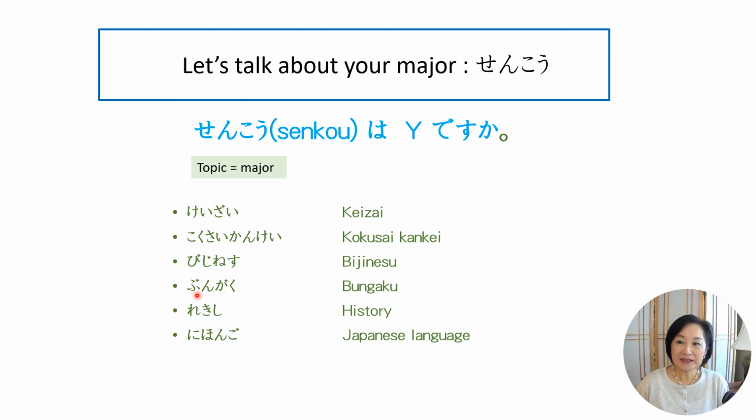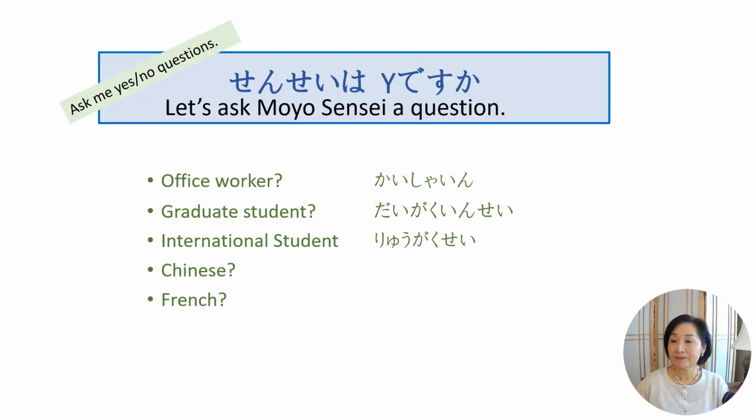Let me pick this one. 文学 which is a literature. 専攻は文学ですか? いいえ、文学じゃないです。Well, now your turn. Please ask me a question using this noun.